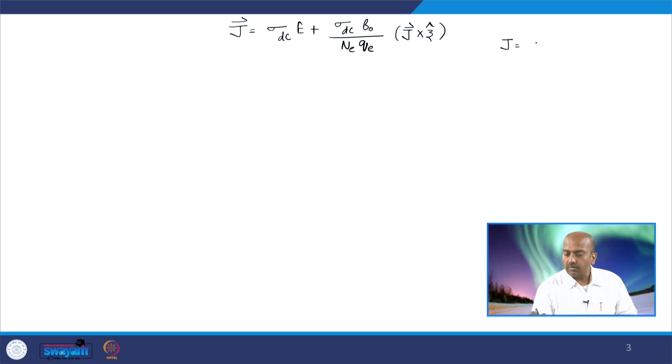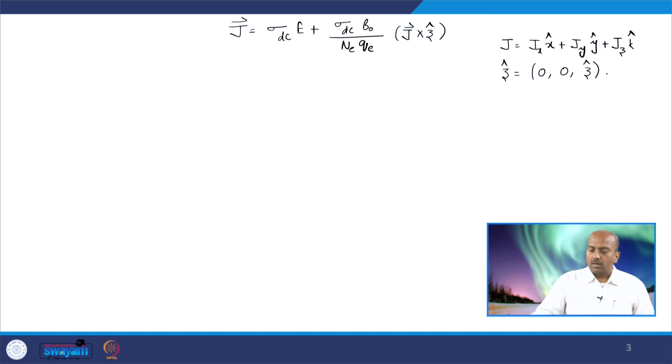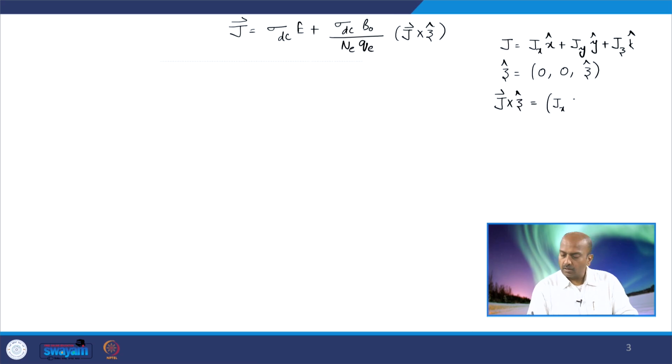So J in its vector form can be written as Jx x cap plus Jy y cap plus Jz z cap, and Z cap is vectorially 0 0 1, right? So the curl J cross B naught, or J cross Z cap, will look like Jx Jy Jz cross Z cap.